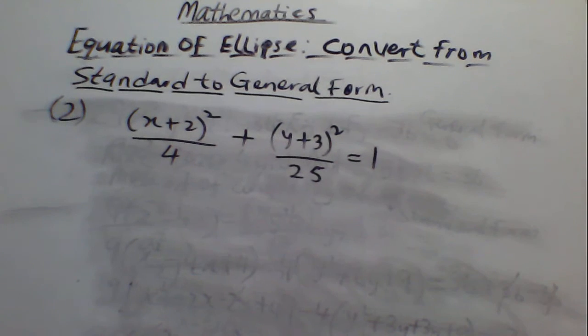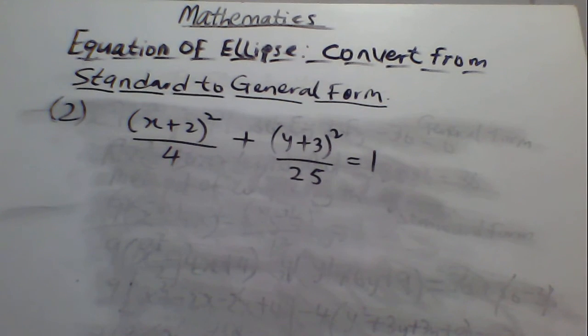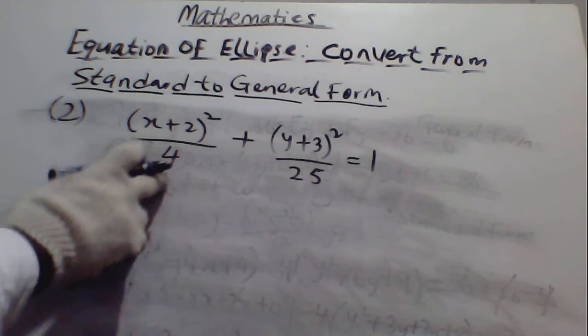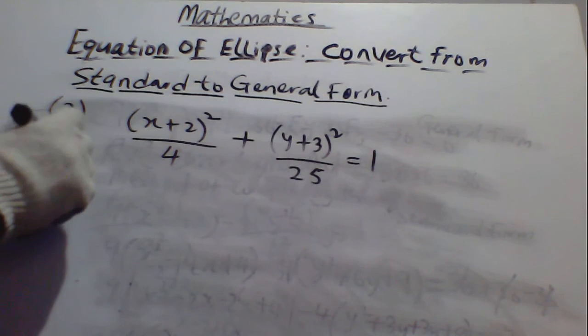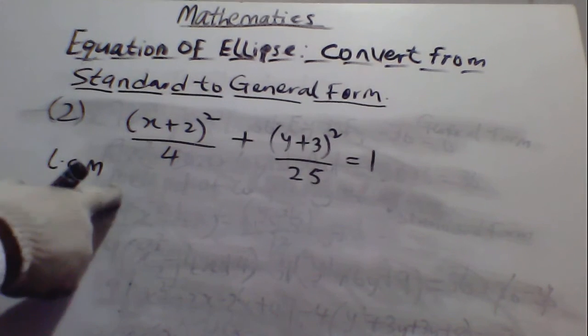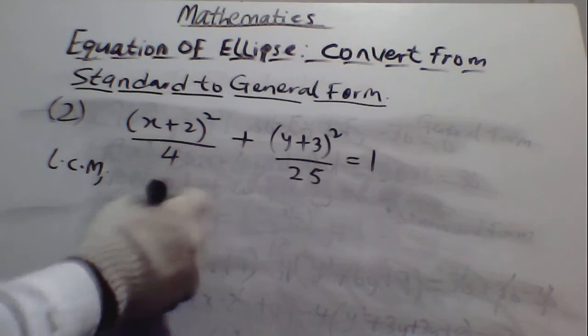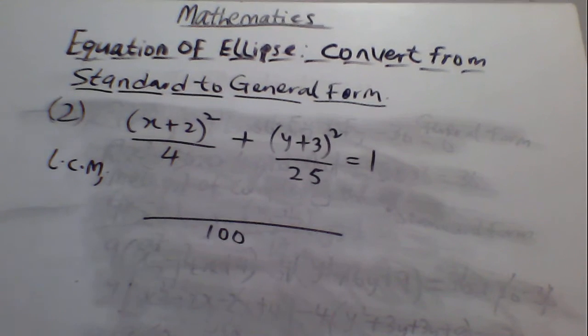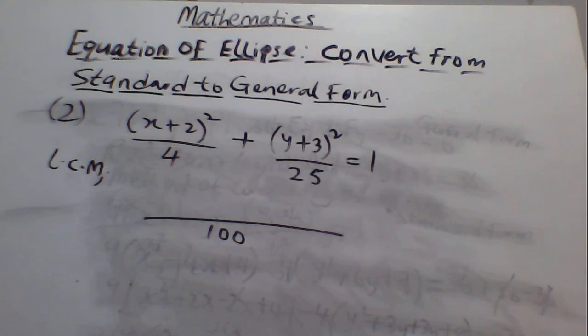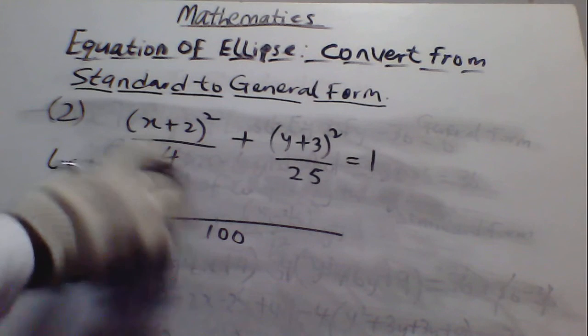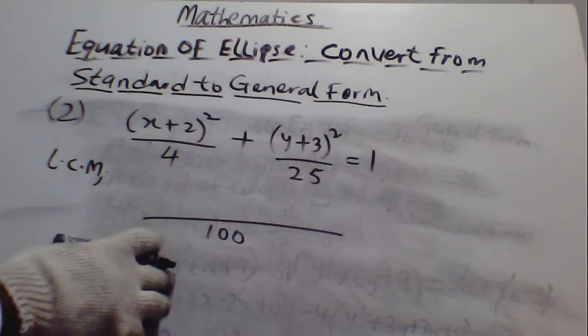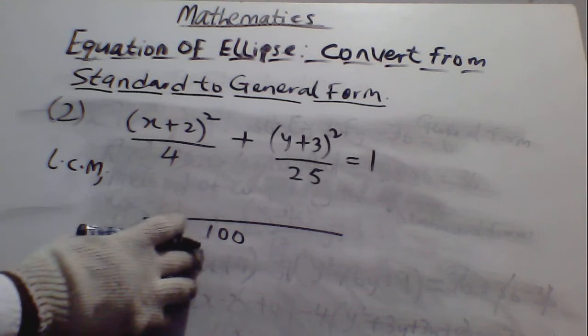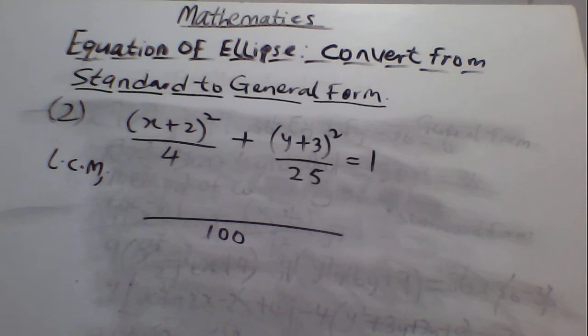The first step is to apply the knowledge of the LCM, lowest common multiple of 4 and 25. The LCM of 4 and 25 is 100, because 100 is the lowest common multiple in which 4 can divide into 100 without leaving any remainder, and 25 can divide into 100 without leaving any remainder.